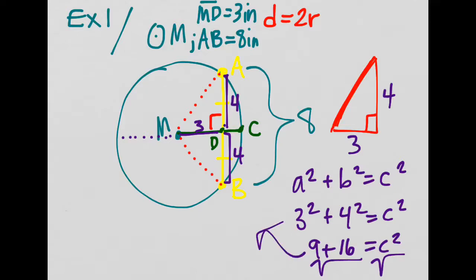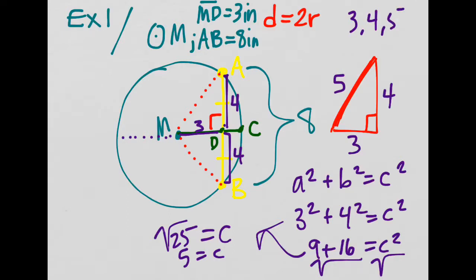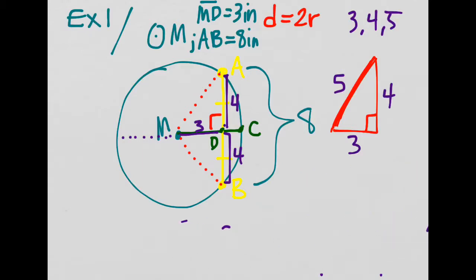C is going to be equal to the square root of 25, or plus and minus 5, except I can't ever have a negative distance, so C is equal to 5. Or you can just remember, hey, 3, 4, 5, that is a Pythagorean triple. Those will really help you save this entire section of work right here. You could just completely eliminate all of that by knowing your Pythagorean triples.